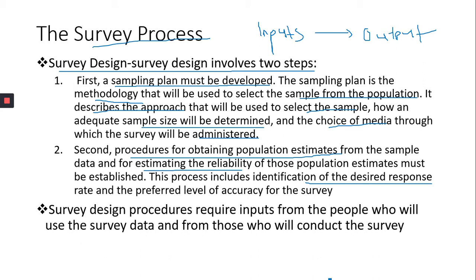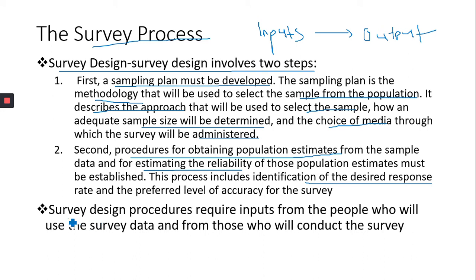What approach will be used? What will be the sample size? And how are you going to administer the questionnaire or whatever you have? So that is very, very important. You can't leave that out of your methodology section, whether for a proposal or for your research, when your study is a survey.